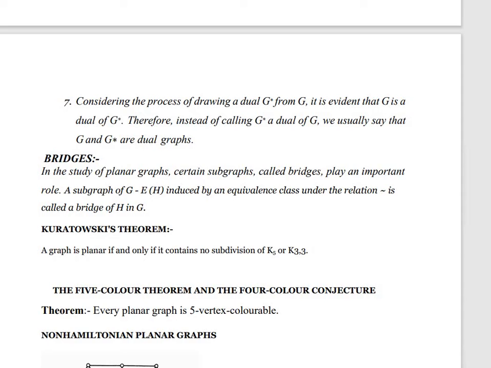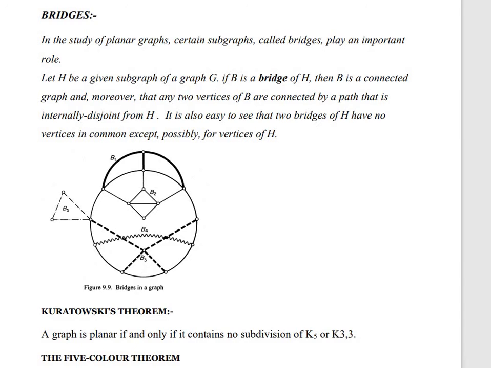A subgraph of G minus the edge set of H, induced by an equivalence class under the relation tilde, is called a bridge of the graph H in G. Let H be a given subgraph of a graph G. If B is a bridge of H, then B is a connected graph, and moreover any two vertices of B are connected by a path that is internally disjoint from H. It is also easy to see that two bridges of H have no vertices in common except possibly for vertices of H. The figure given over here is an example of some of the bridges in a graph.